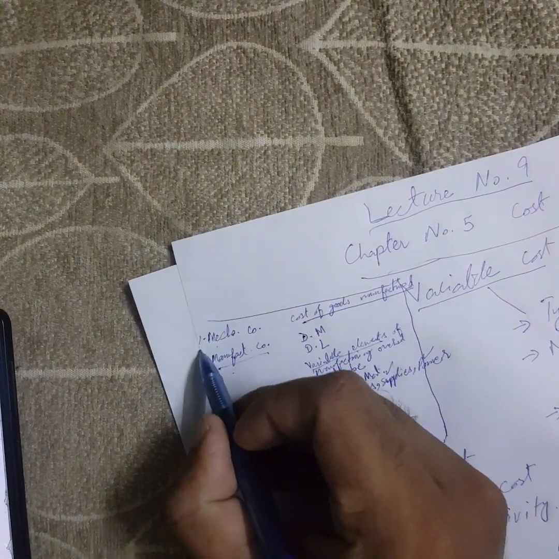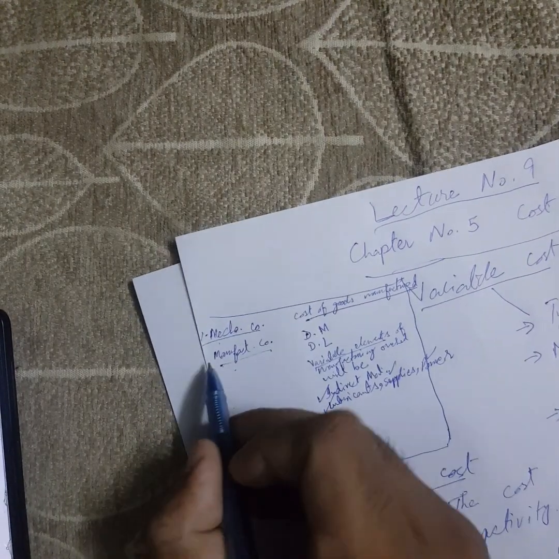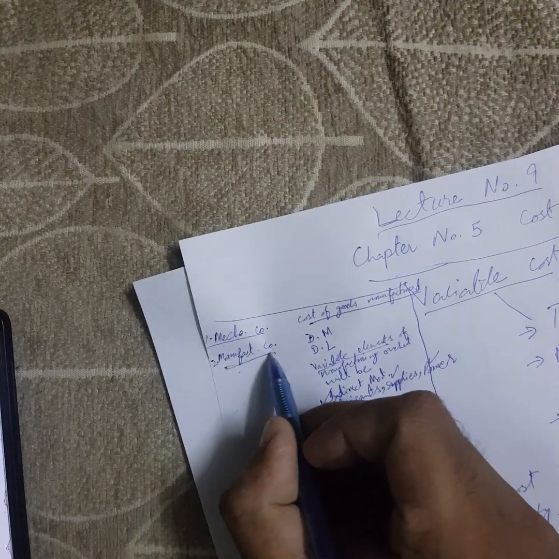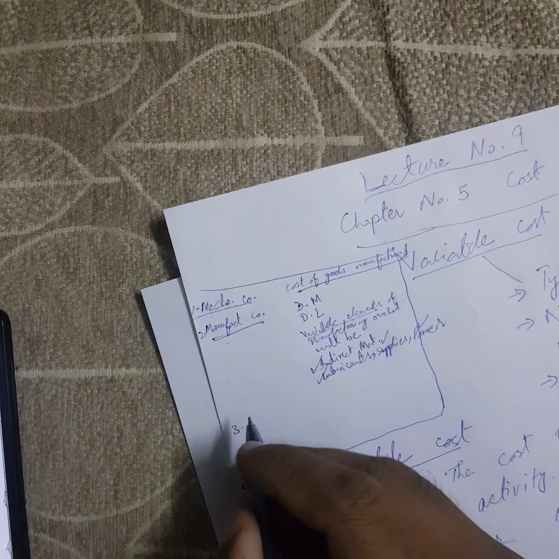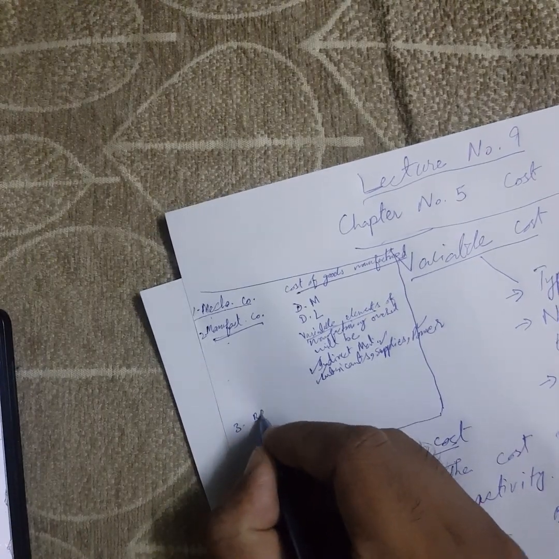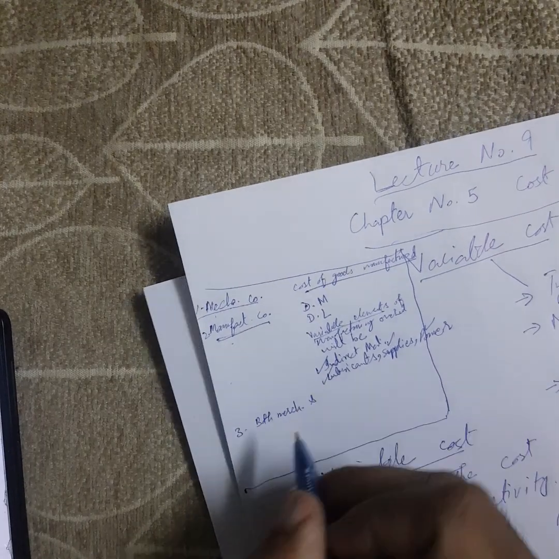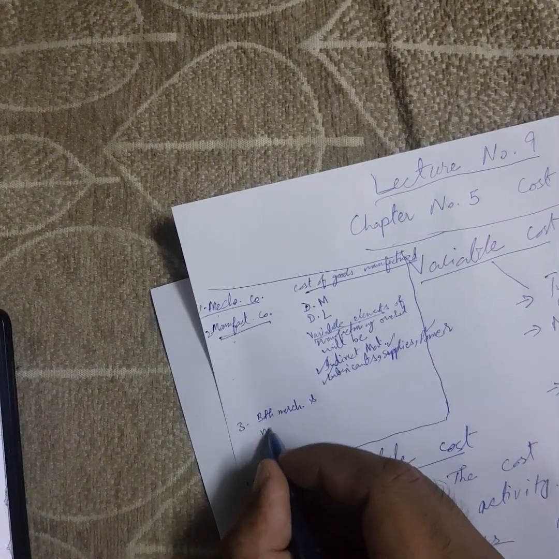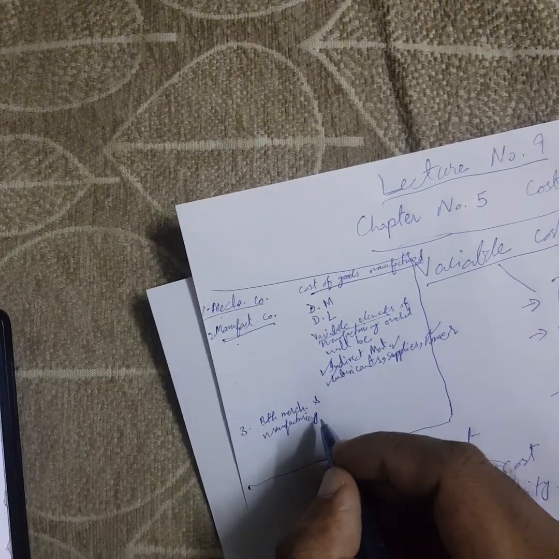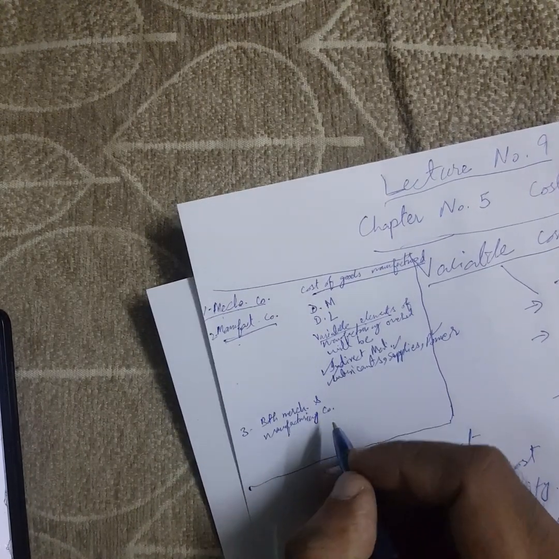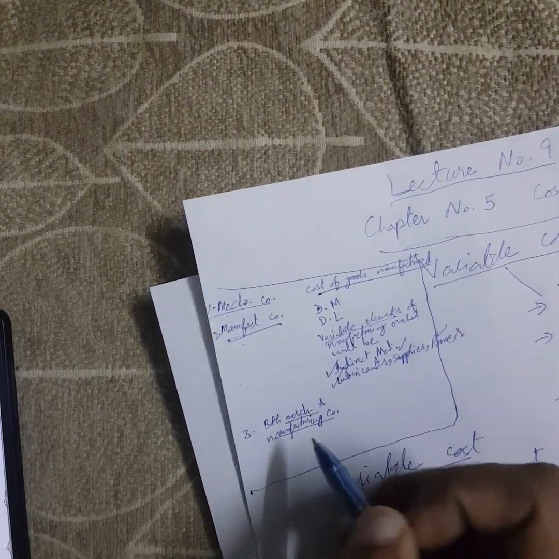This is the first type of organization, that is merchandising company. Second type of organization is manufacturing company. Third type of organization is also there, both merchandising and manufacturing company, who is manufacturing as well as selling.